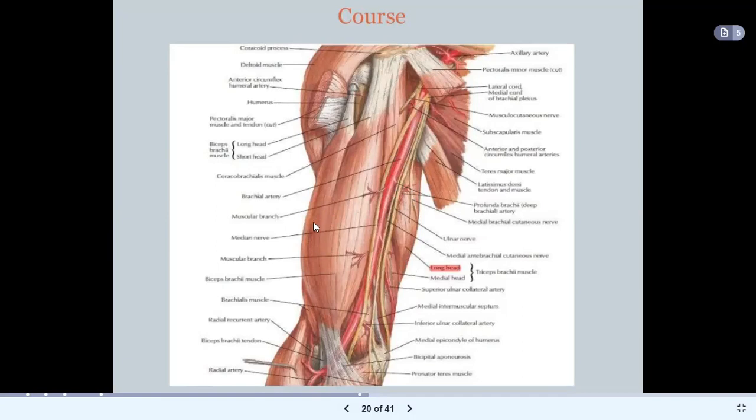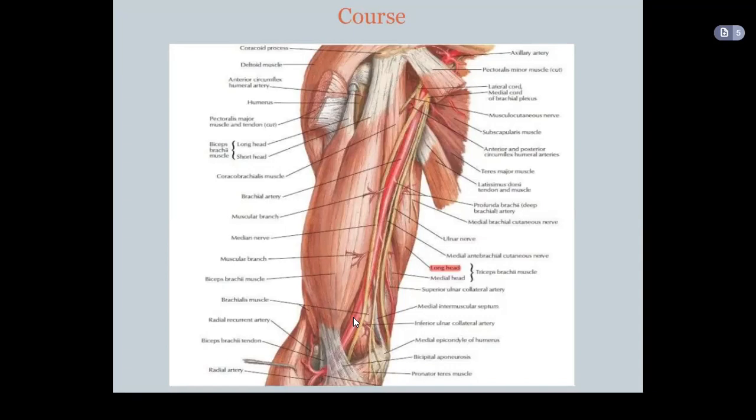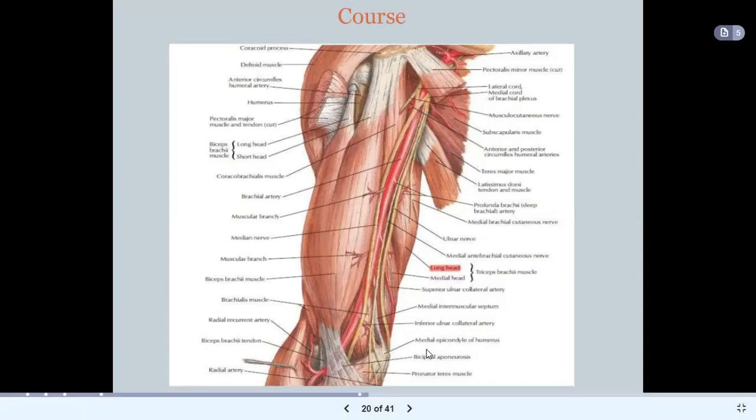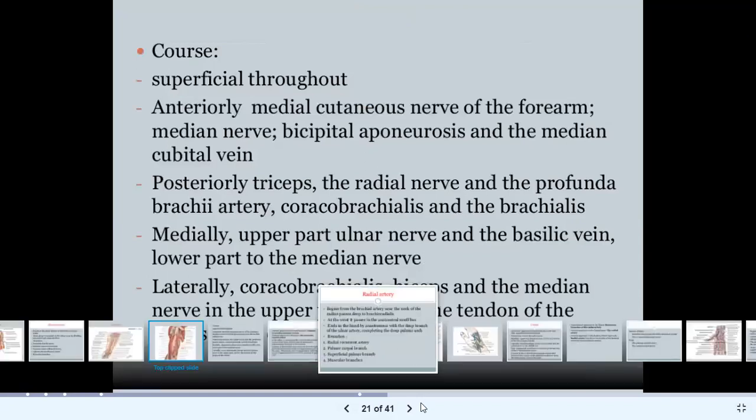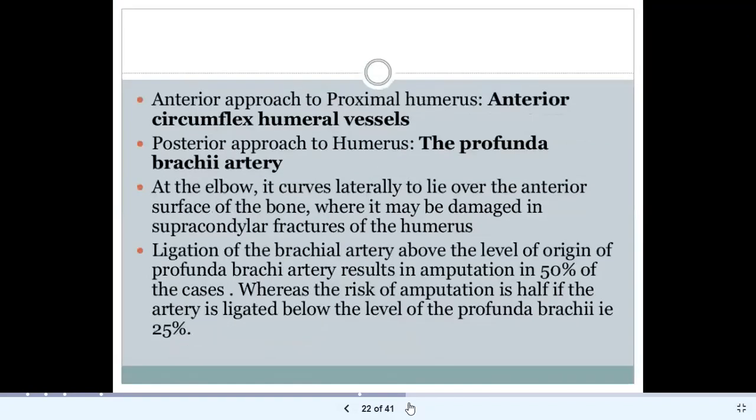When that happens, there'll be muscle wasting, and all the tissues around will suffer necrosis, and that might lead to amputation of the hand. So that is just a clinical concept that you need to know, that ligation of the brachial artery above the level of origin of the profunda brachii results in amputation in 50% of cases.